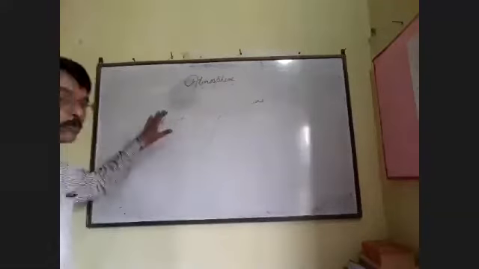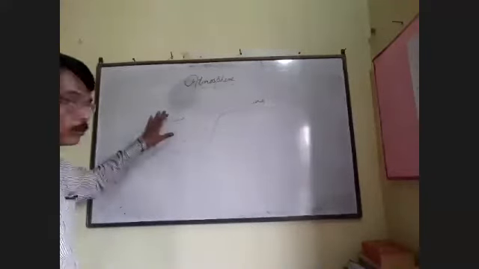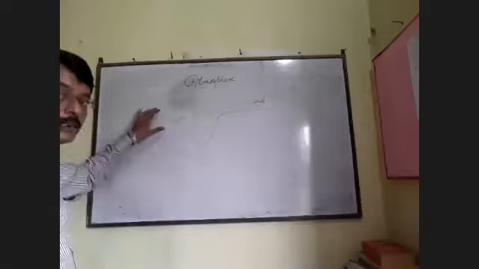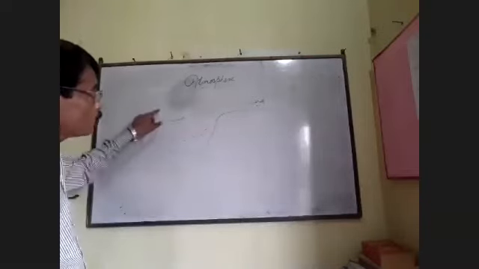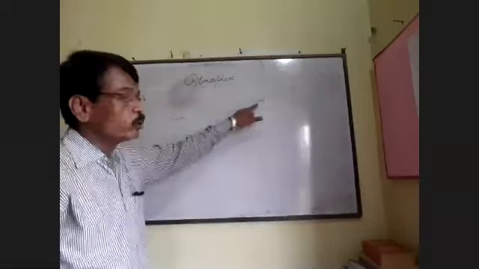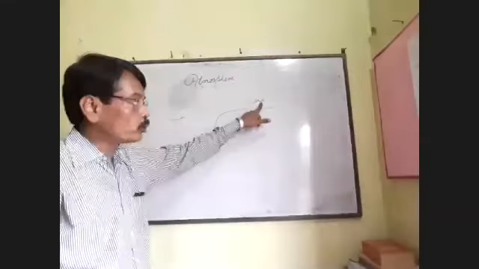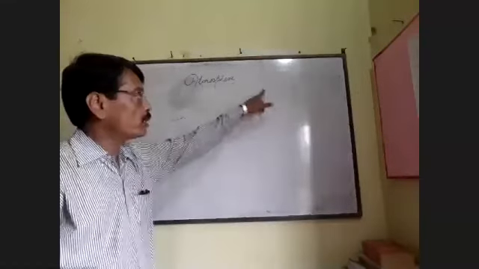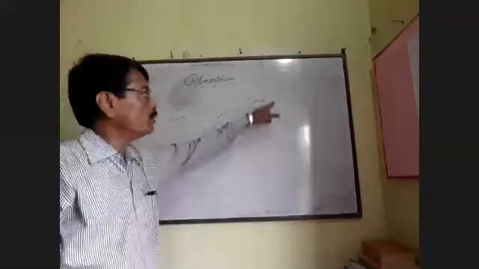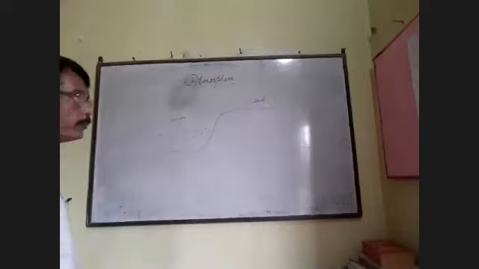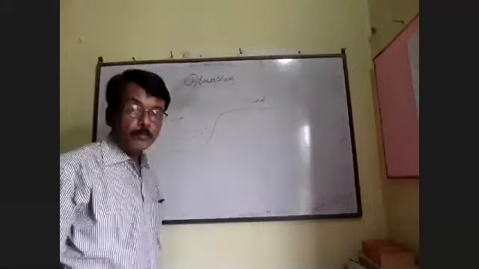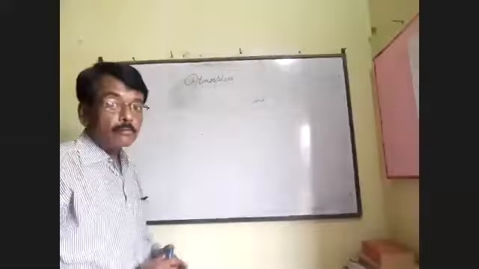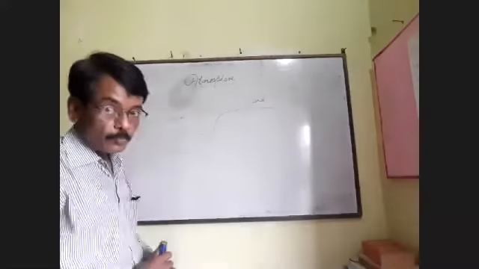Over the sea it heats slowly, so the air is cold here, and it moves from sea to land in the coastal areas and makes the place very good. People of coastal areas feel very comfortable. That is called sea breeze.